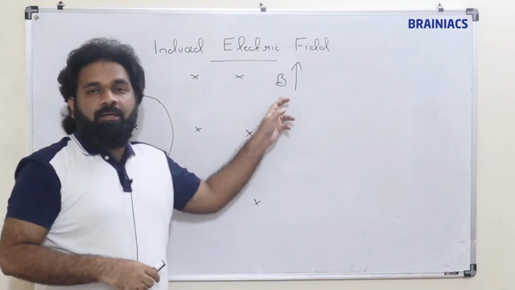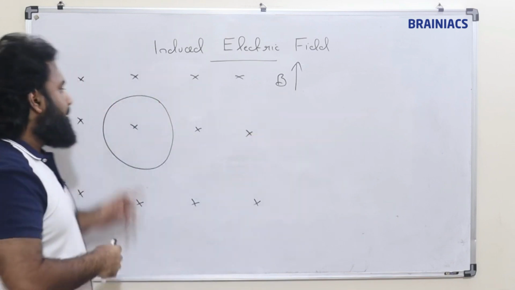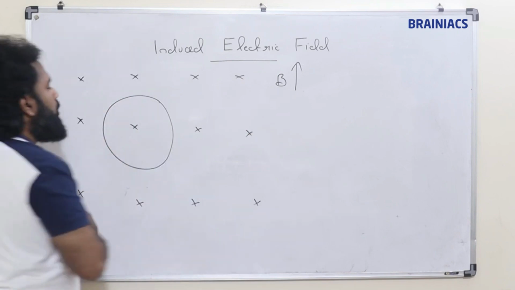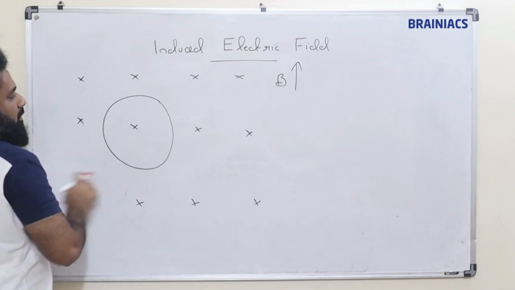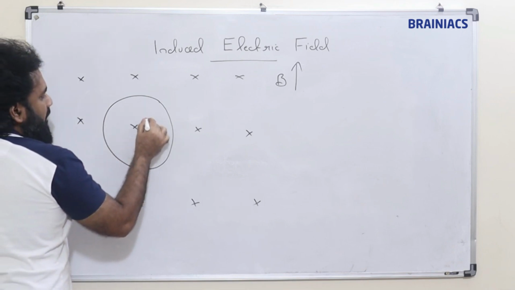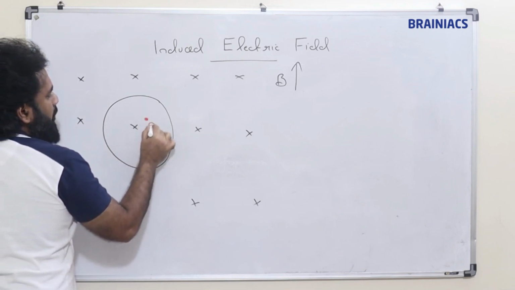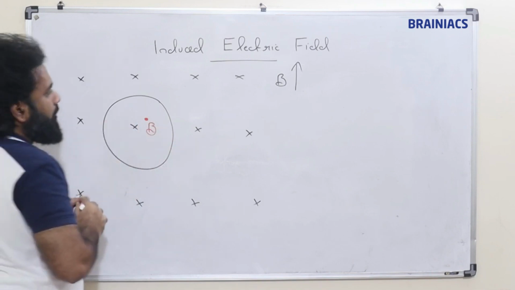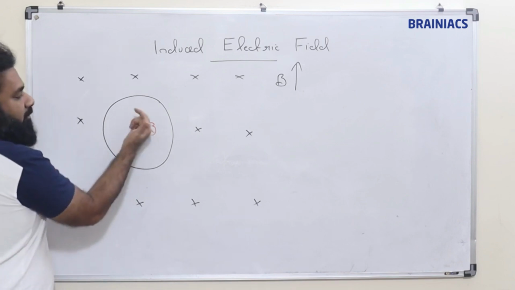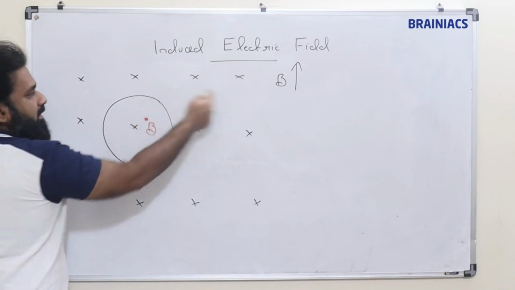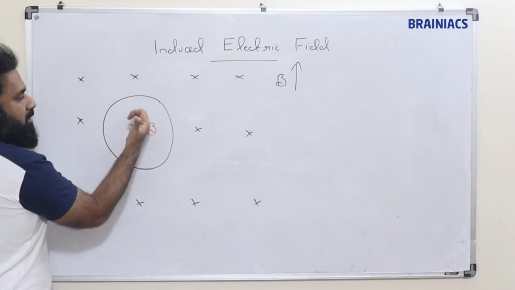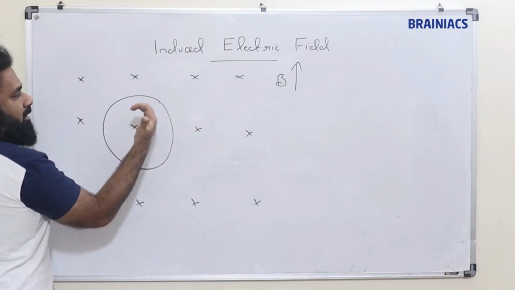If that magnetic field is increasing, what will happen here? It will try to decrease this cross magnetic field, so it is going to induce a dot magnetic field here. If a dot magnetic field comes in this direction, obviously it can oppose the increase in cross magnetic field. So the induced magnetic field will be in this direction.